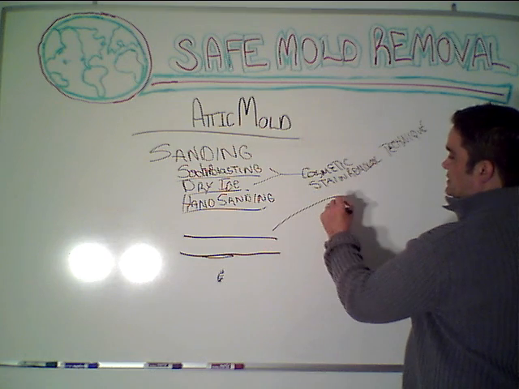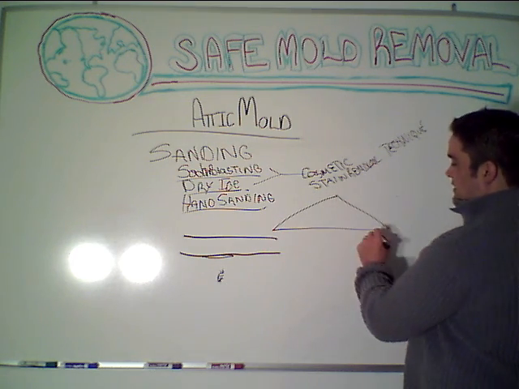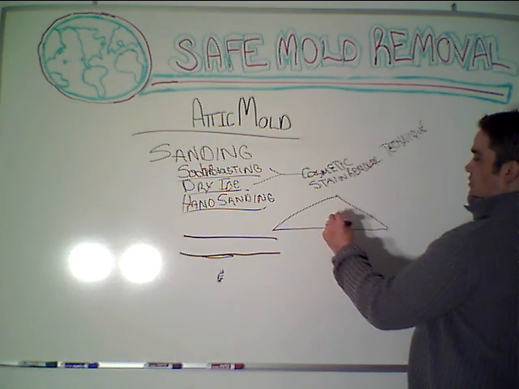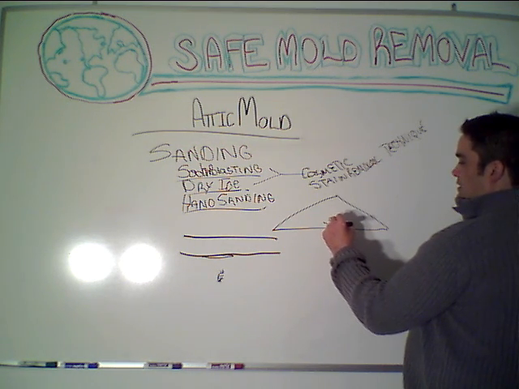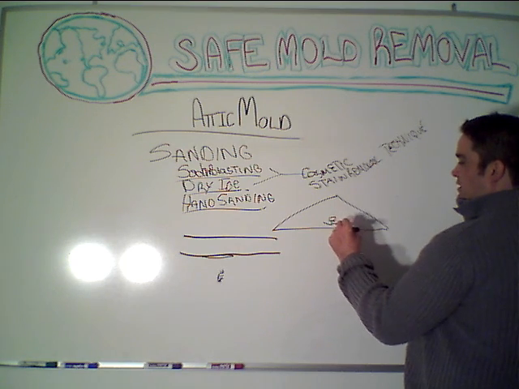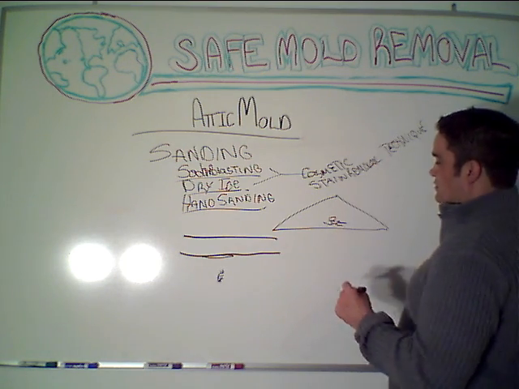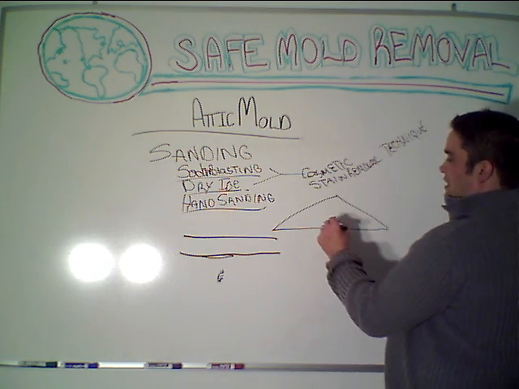In soda blasting or dry ice blasting, you have your worker up in the attic, and he's on his hands and his knees, typically, working to treat this mold problem.